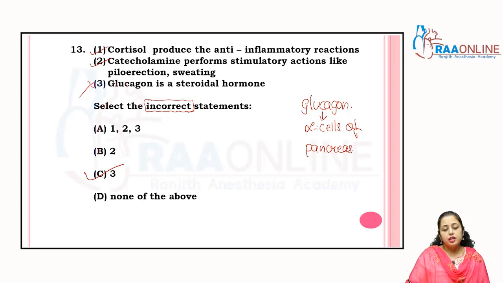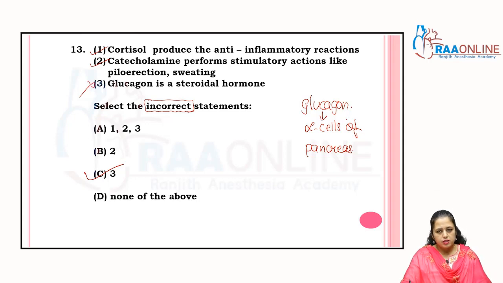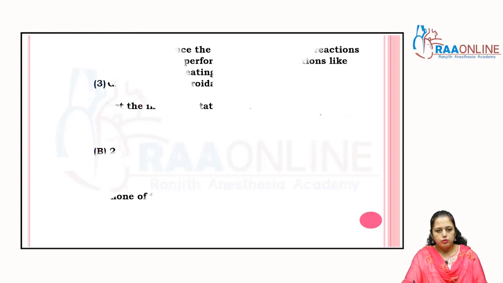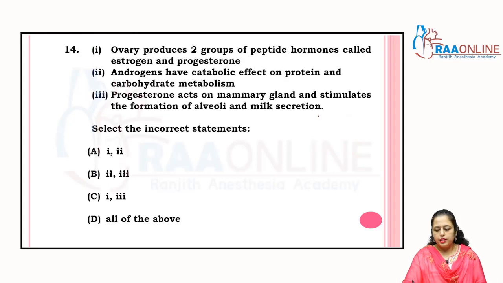Alpha cells of the pancreas. It also helps in the conversion of glycogen into glucose, that is glycogenolysis, right? It also helps in lipolysis, right? So that hormone is not a steroidal hormone. Come to the next.